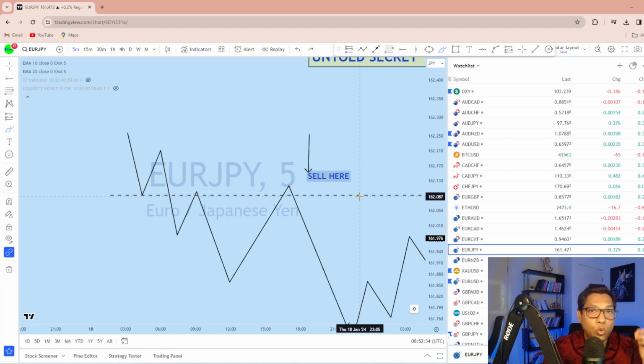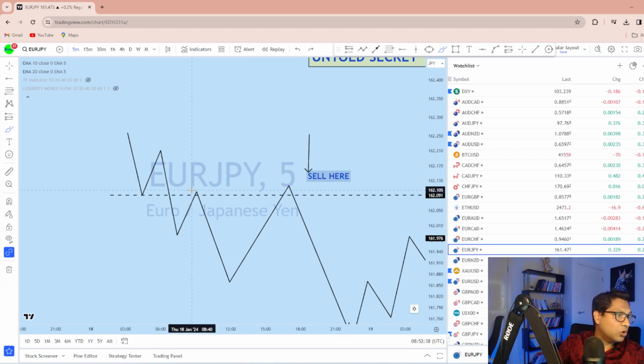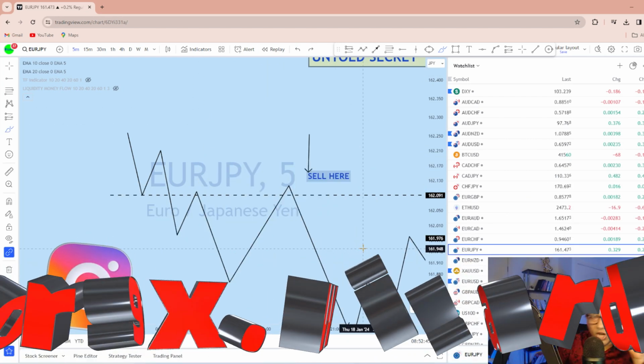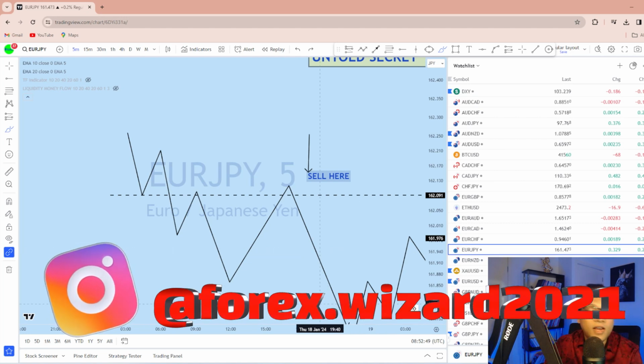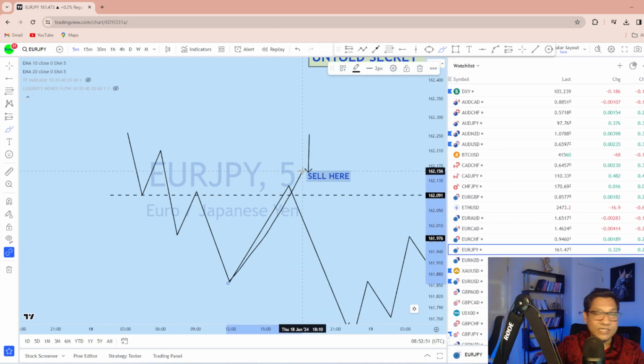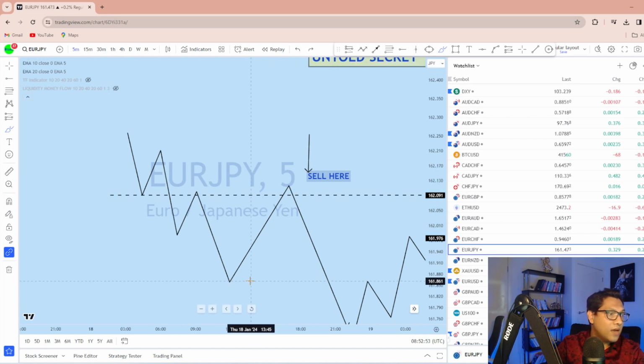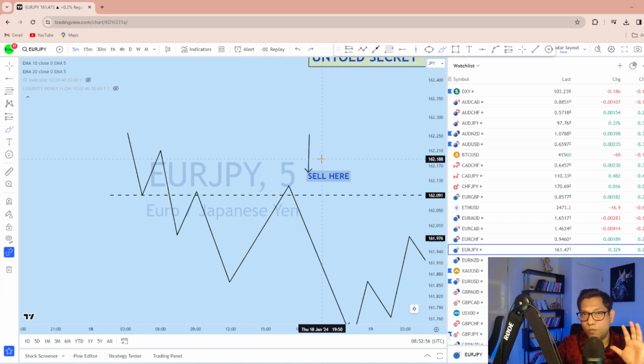So what we need to do here, when you are trading a supply area, is wait for the price to break that previous supply area and the market to become overextended in one direction with a huge movement.